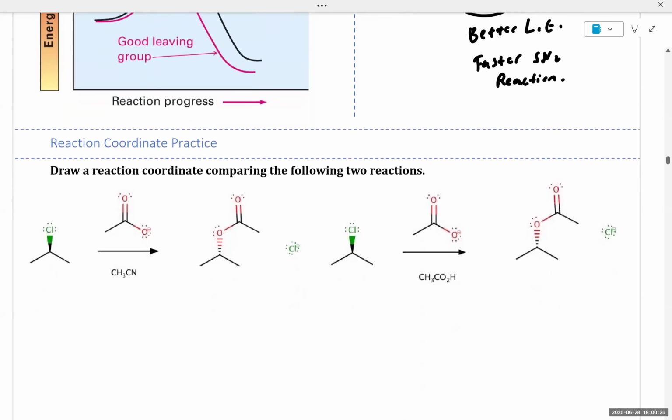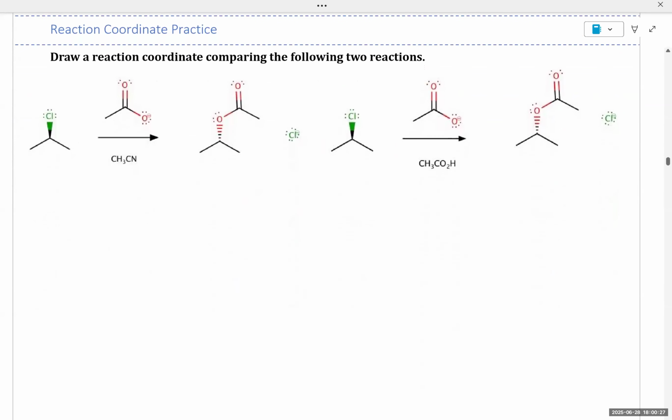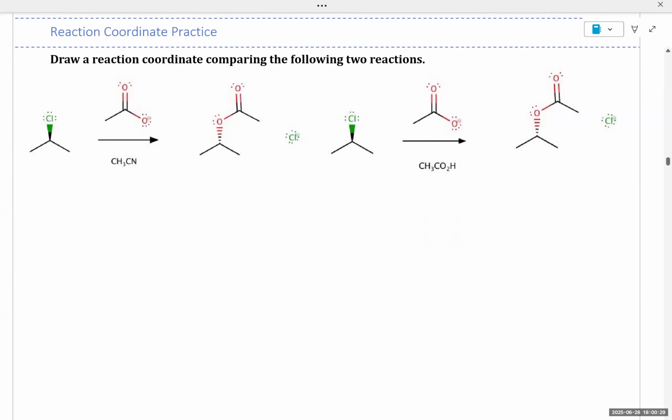So let's now practice drawing out some reaction coordinates. I'd like you to try to draw the reaction coordinate comparing the following two reactions. These are both SN2 reactions. Looking at some differences here, we see that the major difference concerns the solvent.